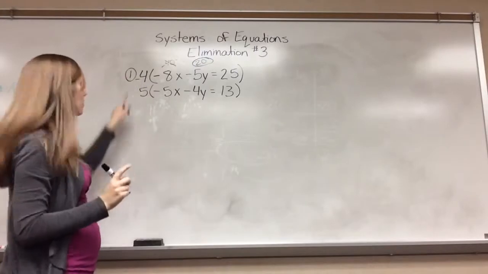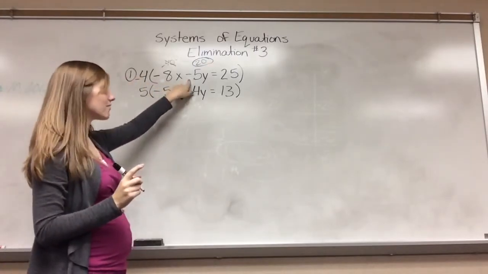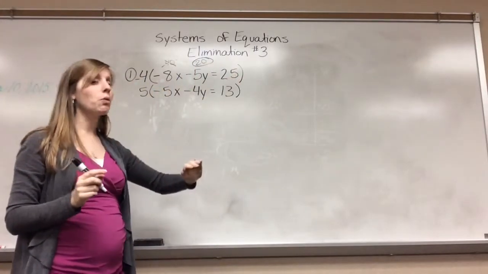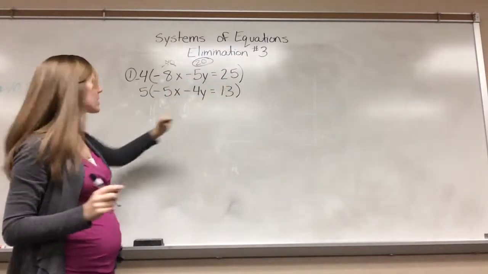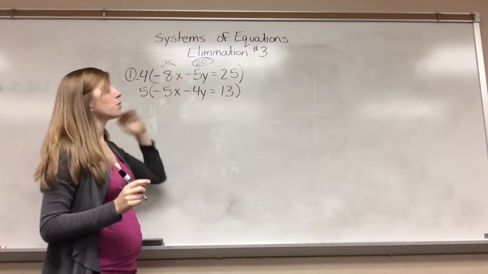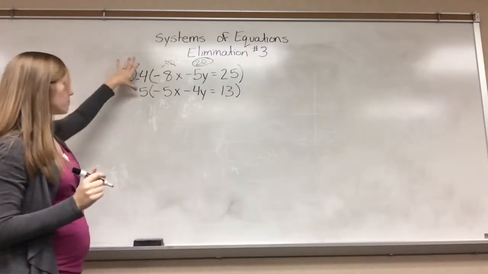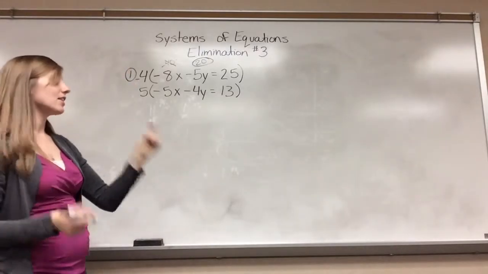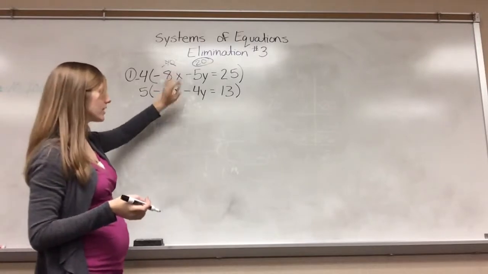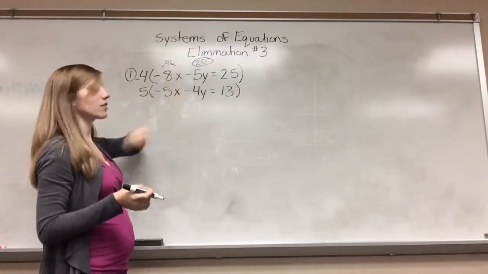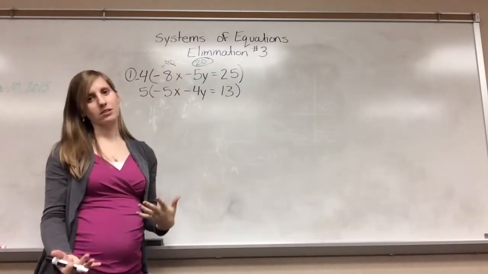Because now, when I multiply negative 4 times negative 5, I will get a positive 20 for the first equation. When I multiply 5 times negative 4, I will get a negative 20 for the second equation. So, just make one of them negative, and that's going to change the signs here. One of them will be positive, the other one will stay negative, and then they will cancel.